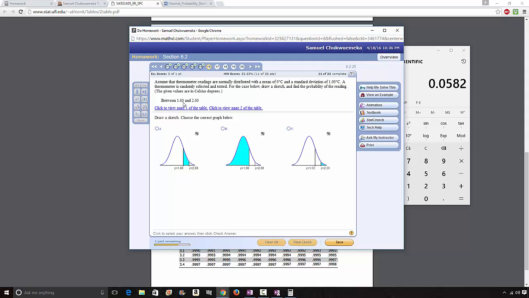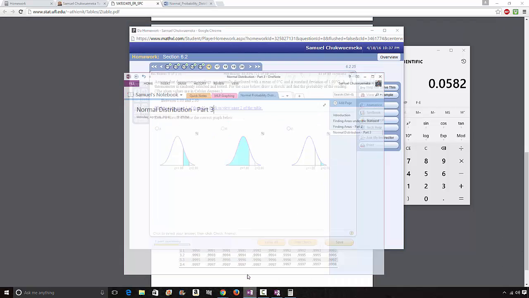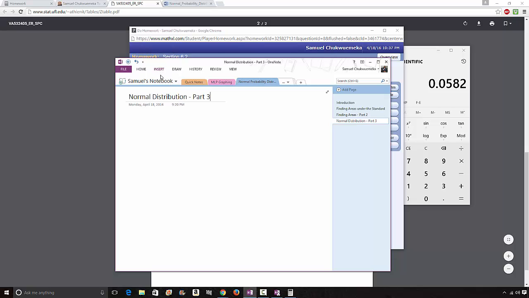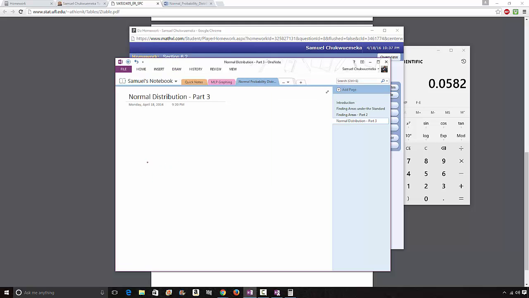Between 1.00 and 2.00, and that is actually this. If you guys want me to draw it, you have the standard normal distribution table.